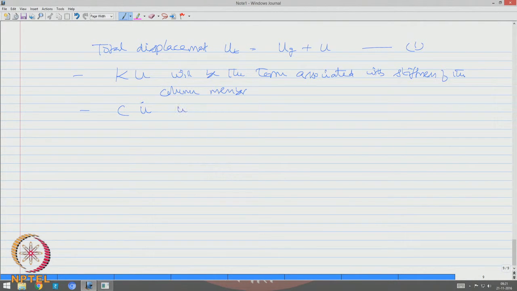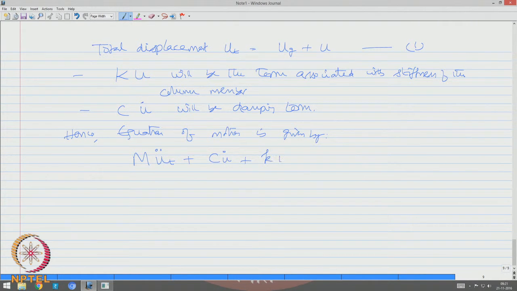C into u dot will be the damping term. Hence, the equation of motion is given by m u double dot t plus c u dot plus k u is f z of t, because z is varying along the height or water depth and t, of course, on the time frame. Equation 2.